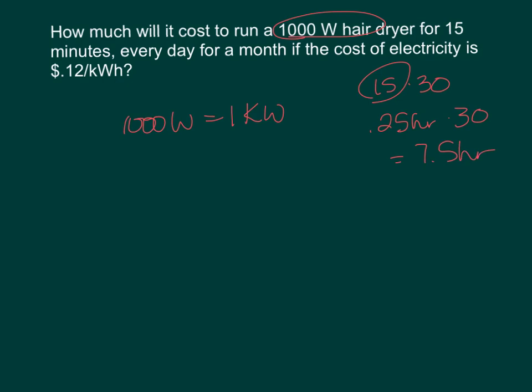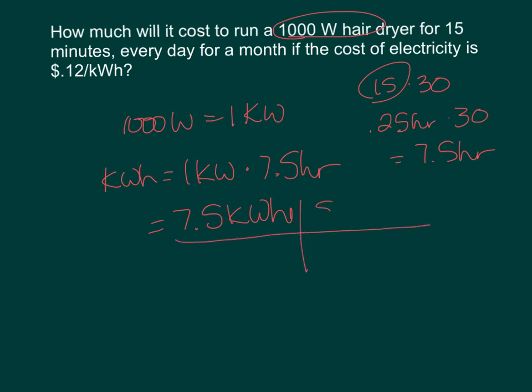So the total number of kilowatt hours we used is our kilowatts, 1 kilowatt, times the 7.5 hours. So we used 7.5 kilowatt hours of energy, because kilowatt hours is an energy unit, for the month. And then how much does it cost?